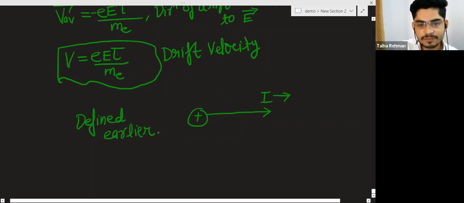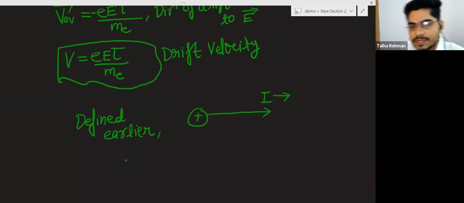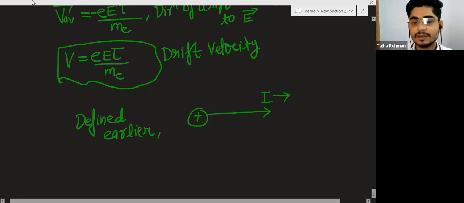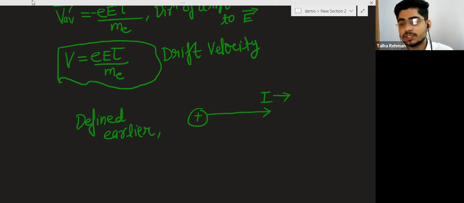There was a time when we did not know about the motion of electron and all that. So someone said that the direction of current is the motion of positive charge. How could he say that the current moves from positive to negative?